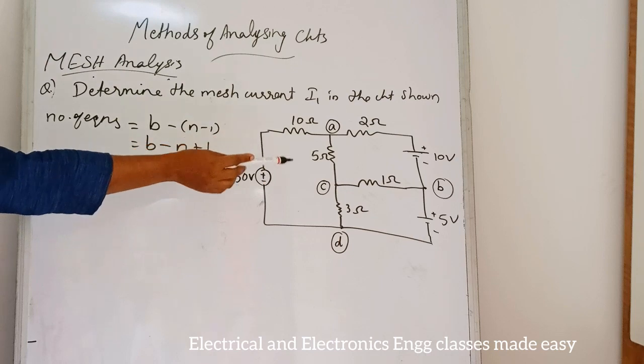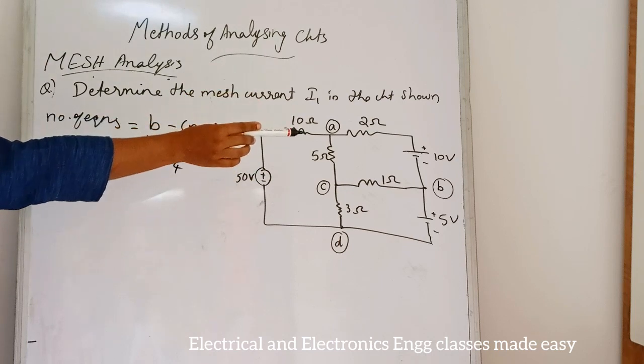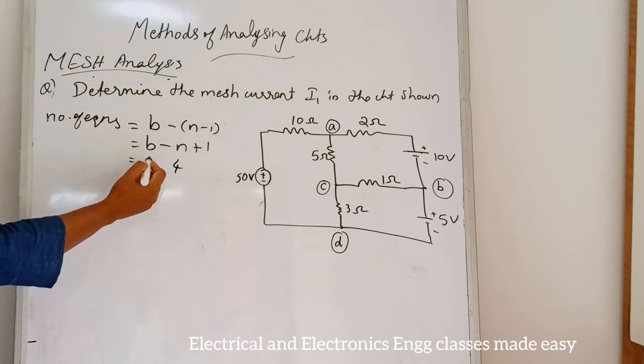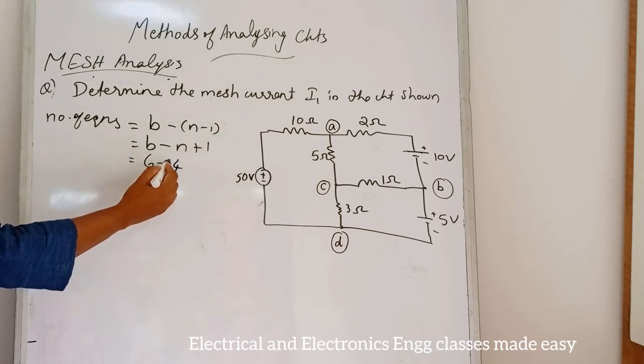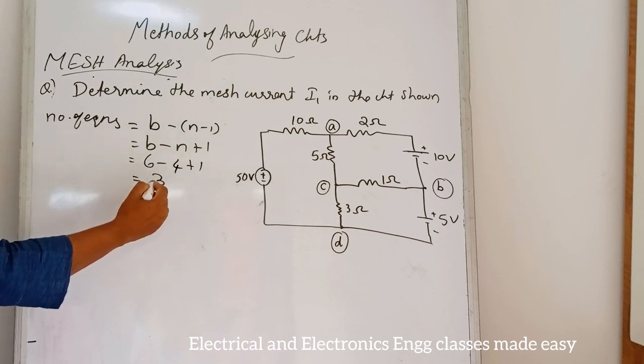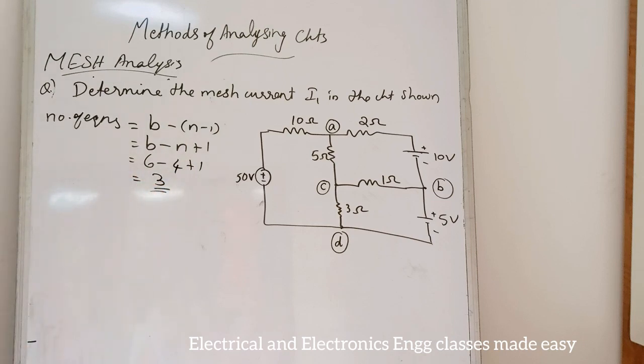Then 1, 2, 3, then 4, 5, 6. So there are 6 branches, minus 4 nodes, that is 2, plus 1, that is 3. So there will be 3 mesh equations in this network. In this way we find the number of mesh equations.